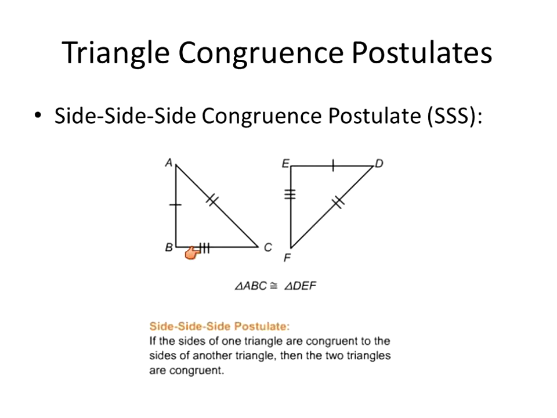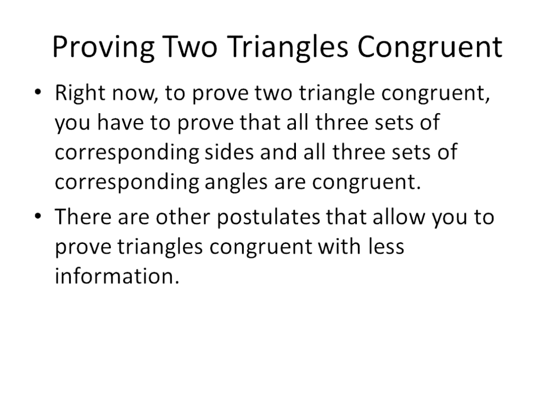It has to do with the angles and the sides kind of being connected in a way, because of the angles and the rays and so on. But we're not there yet, so we're just going to let you know that if I have three sides that are congruent, I can say that the two triangles are congruent.